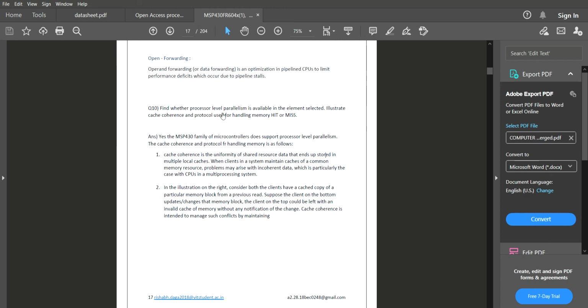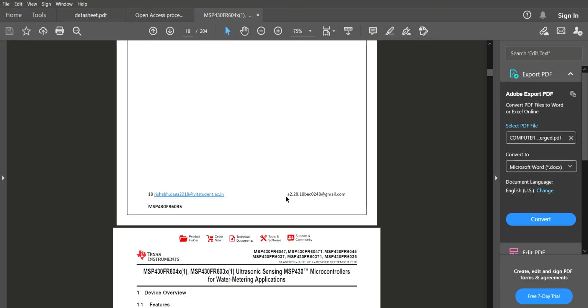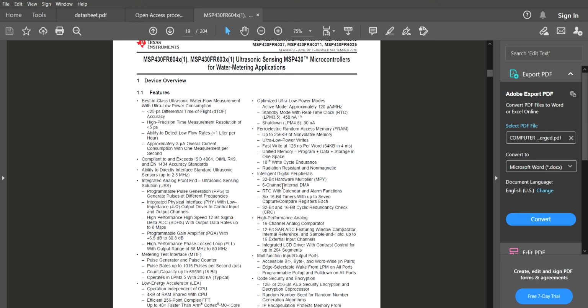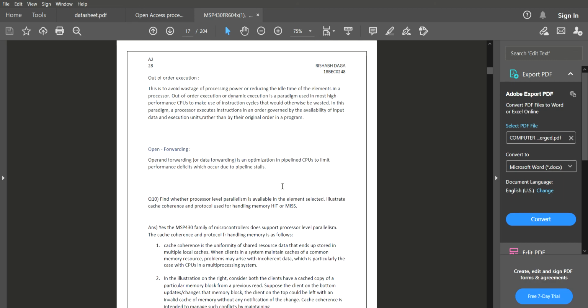Like, the Wikipedia page is really helpful as well. And when you go down, you can see a lot of stuff here. And so this is pretty much it. Let me come back here. Now this is the cache handling way, and of course in the last we have attached the whole data sheet itself.